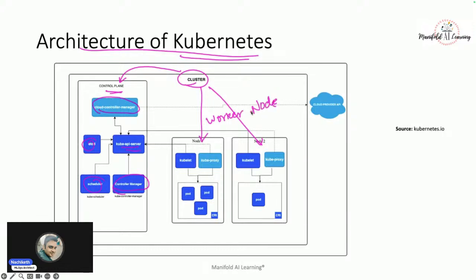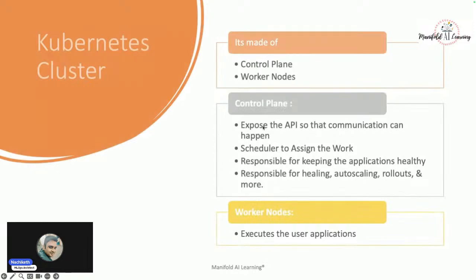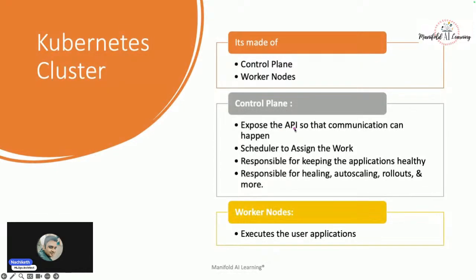This control plane you can think of as a kind of brain of this Kubernetes cluster. It consists of various components, like the API server. Using this API server, all the communication can happen.